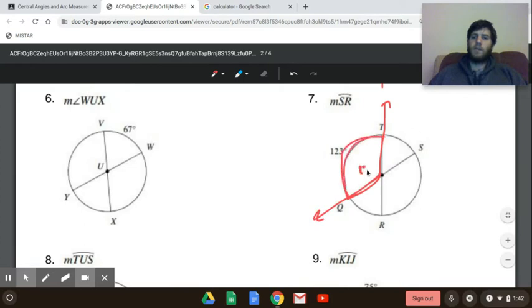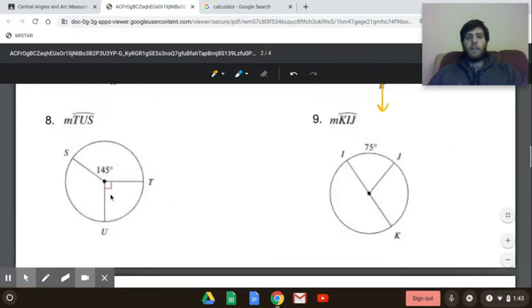That means this angle inside is 123. Okay, and then here, that means that this angle, they're vertical, so vertical angles are congruent, so that's 123. So then this is also going to be 123.